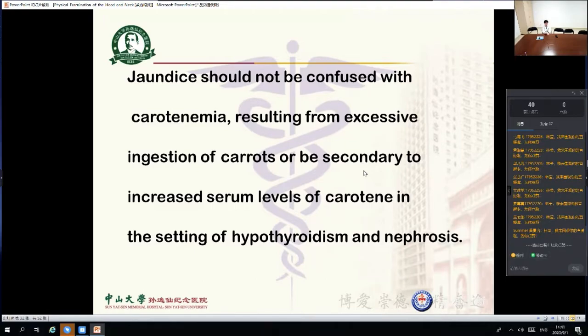They may not be able to metabolize the carotene in the serum, and then excessive accumulation of carotene in the serum will show the carotenemia, and also is a yellowish skin, especially from the pads of the hand or the bottom of the feet. So this kind of yellowish skin should not be confused with jaundice.